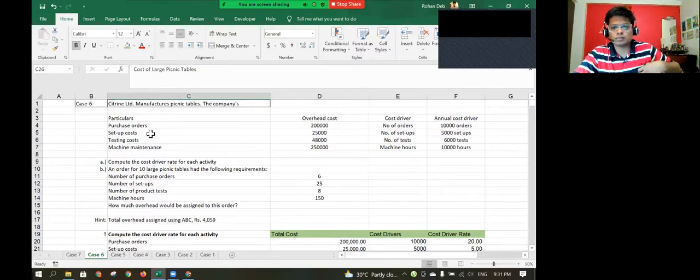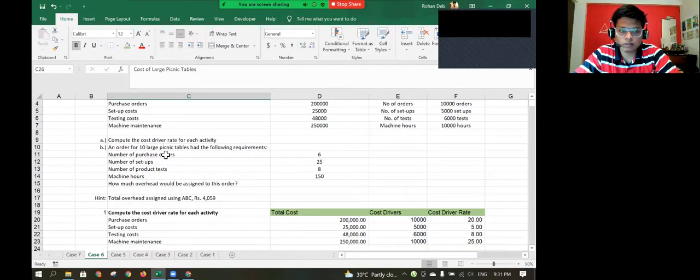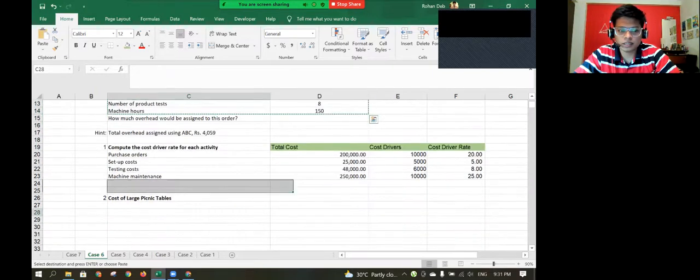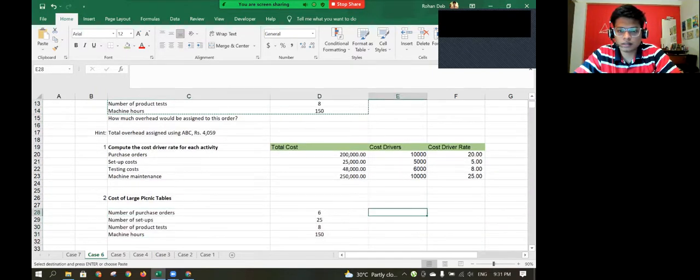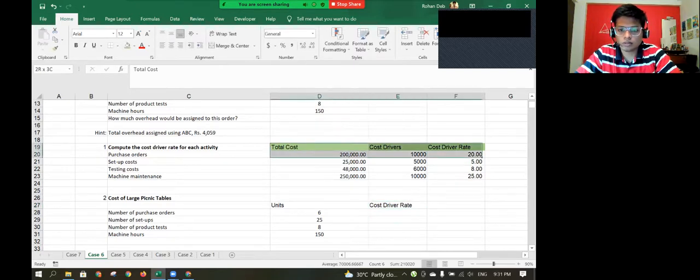It's just the purchase order and setup cost, and the material cost is not given. So we have to take this one only. For presentation purposes, I would suggest you just take this entire thing: units and then cost driver rate, because you don't have so much time to do the formatting and everything during the exam.